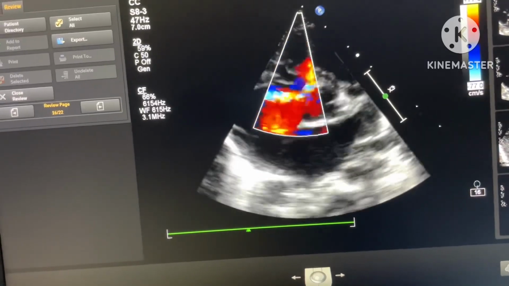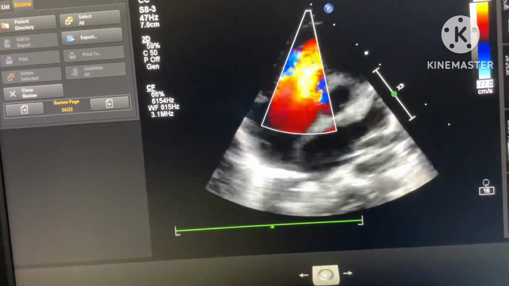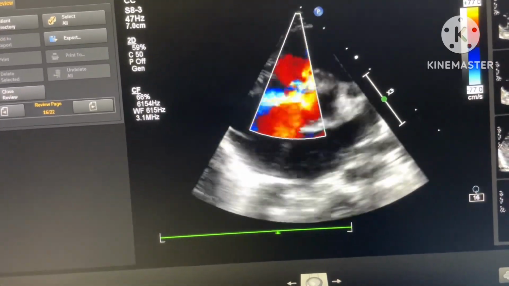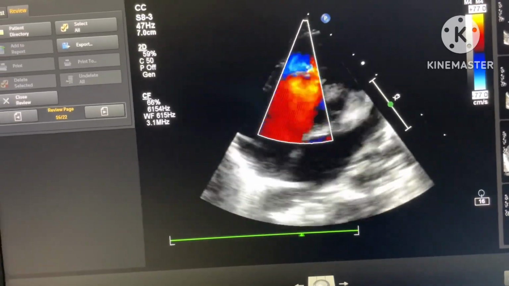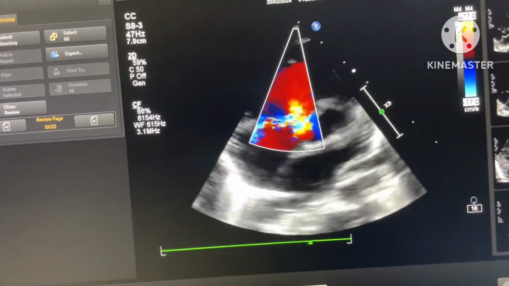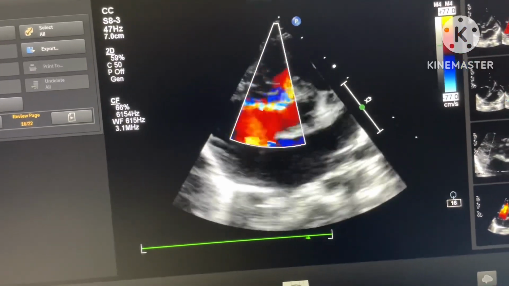If it is a fistula between coronary artery and right atrium, the flow will be continuous, that means present both during diastole and systole. That is the differential diagnosis. You have to remember. Thank you.